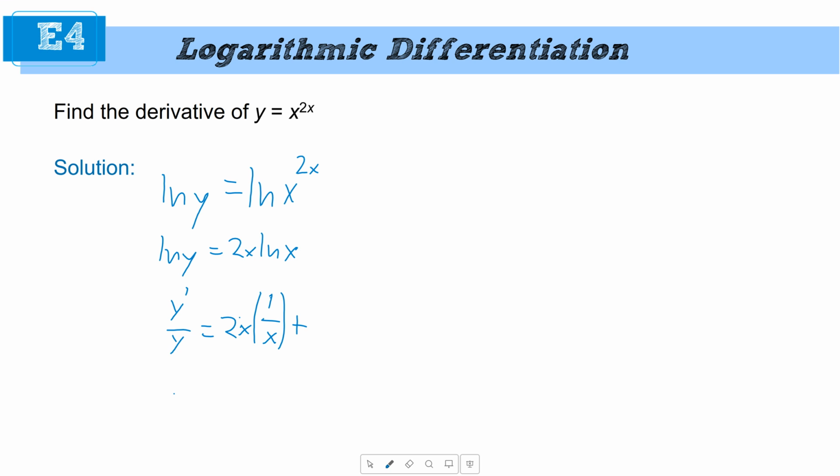Lily, tell me what you should do. It's the product rule. So you have a great first part, 2x, and then the derivative of the natural log of x. So then if you want to get the natural log of x and then the derivative of 2x. Okay, stop, let it go now. He's got it.